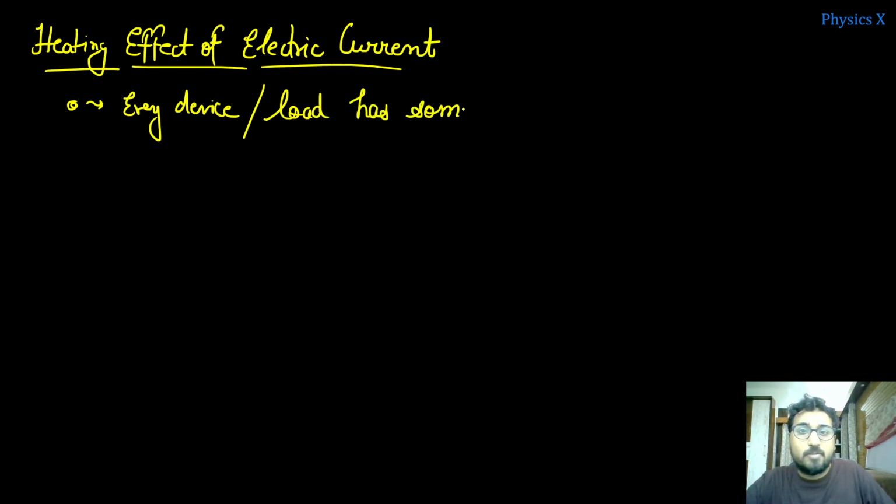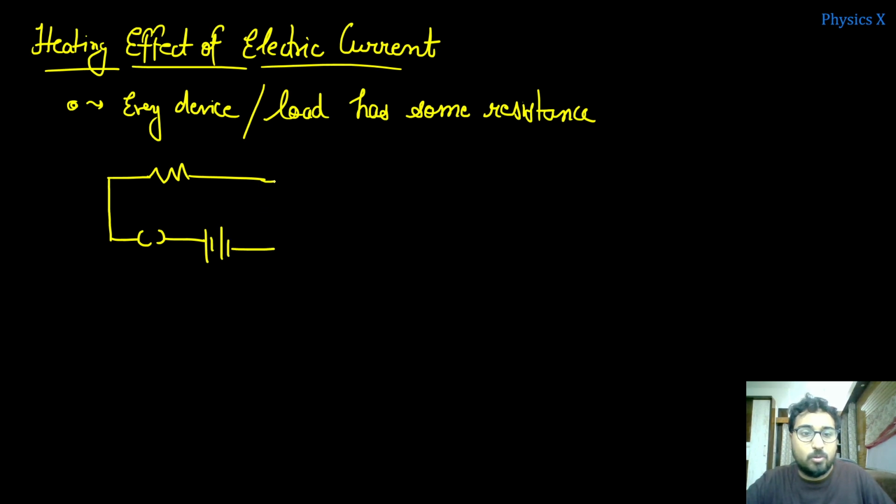So suppose a device is connected like this, and this is your key. This is connected to some source. Let us say this source is V, and I turn on this key, and this has some resistance.